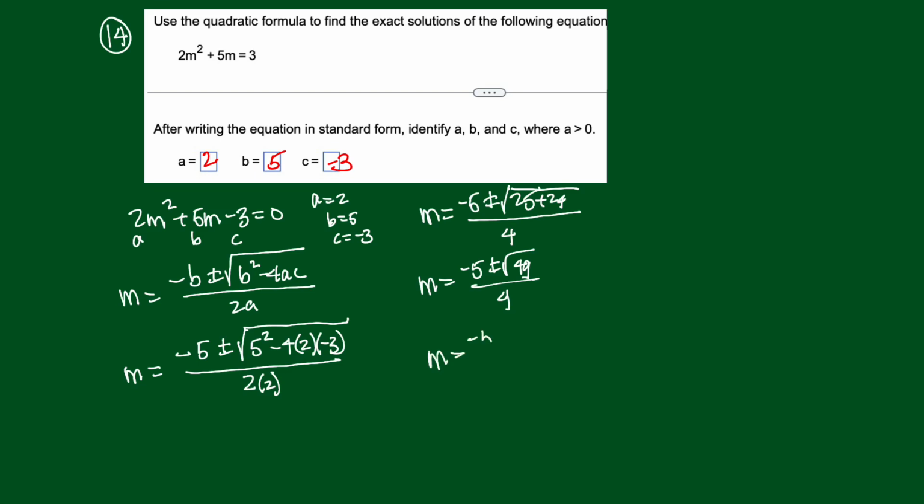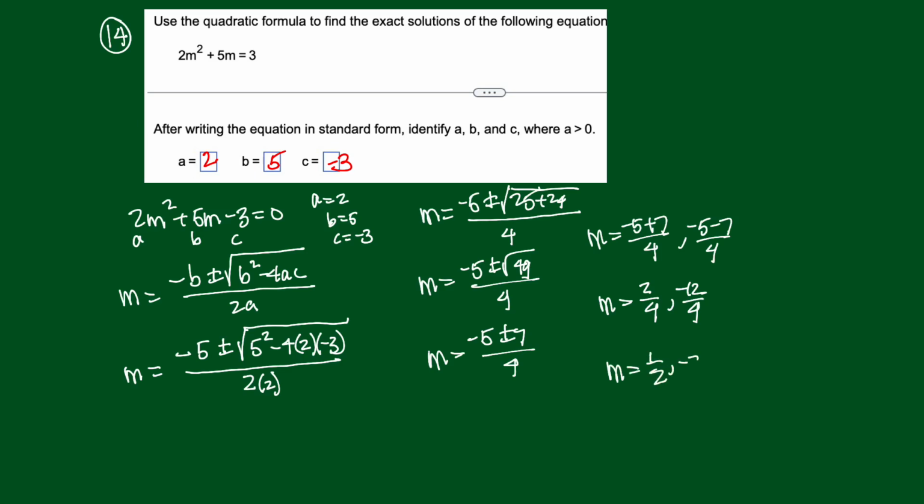M is equal to negative 5 plus or minus 7 over 4. So two numbers here. M is equal to negative 5 plus 7 over 4 and negative 5 minus 7 over 4. So that'll give us negative 5 plus 7 is 2 over 4. Negative 5 minus 7 is negative 12 over 4. So we get 1/2 and negative 3.